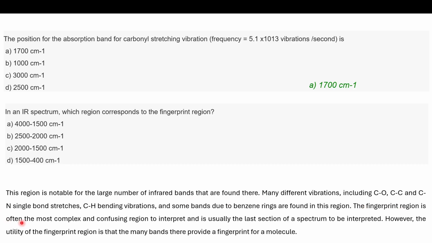The fingerprint region is the most complex and confusing region to interpret and is usually the last section of a spectrum to be interpreted. However, by interpreting the fingerprint region of the infrared band, you are getting the composition of the molecule, the fingerprint of the molecule. That's why it's called a fingerprint region. The stretch is 1500 to 400 centimeters inverse.